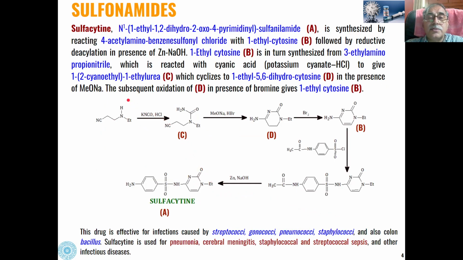Now, synthesis of some common sulfonamides. The first example is sulfacytene. Sulfacytene is synthesized by reacting 4-acetyl aminobenzene sulfonyl chloride with 1-ethyl cytosine.